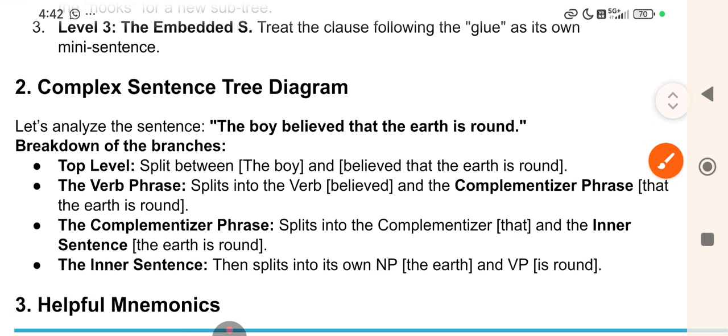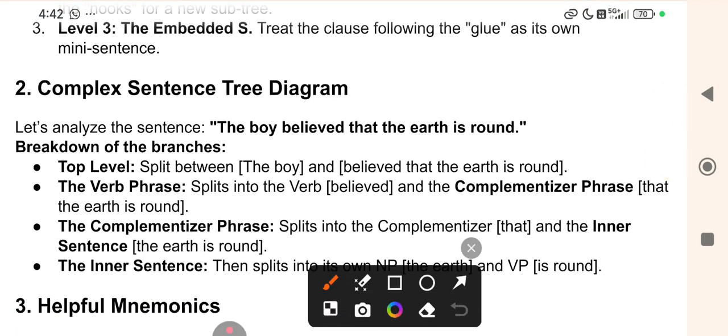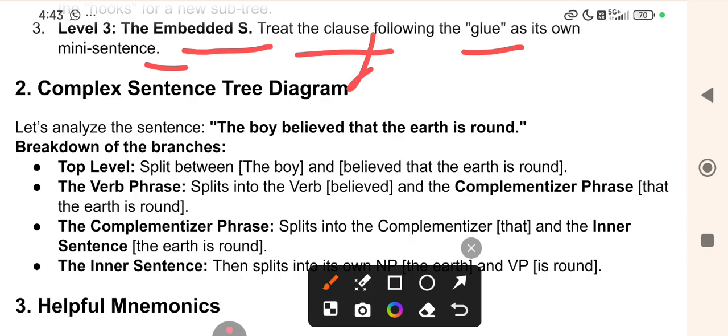Now level 3, we have to find the embedded sentences. Read the clause following the glue as its own mini sentence. Means in the second level, when we find the glue, connector or relative pronoun, this connector is a kind of hook, and the other part is attached.